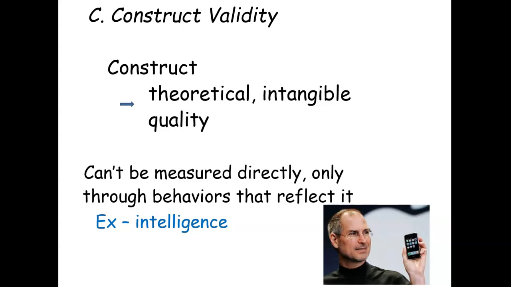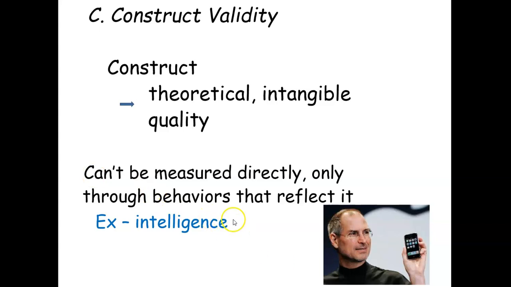So one of the reasons why construct validity is difficult to attain is because we have to figure out what behaviors we can measure that would reflect whatever that construct is. So the first step is that psychologists have to identify the behaviors that reflect the construct and then develop tests of those behaviors.